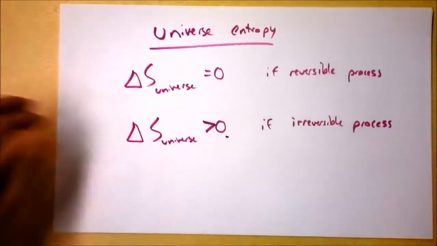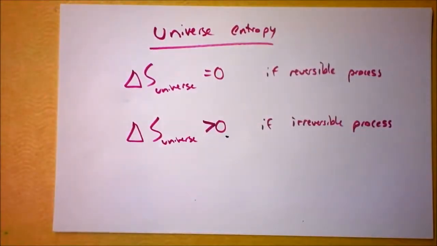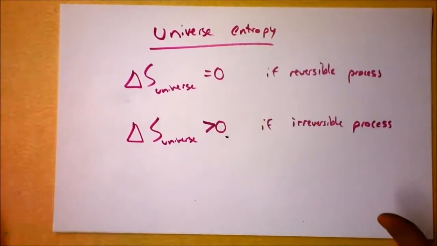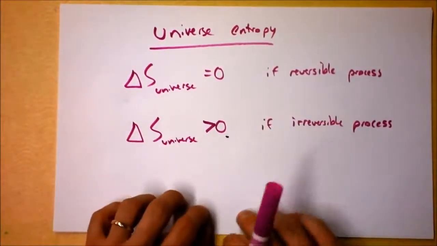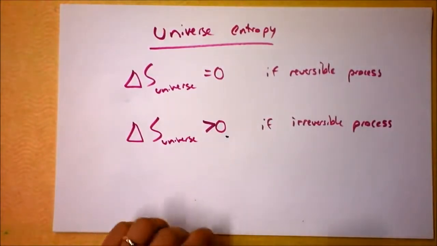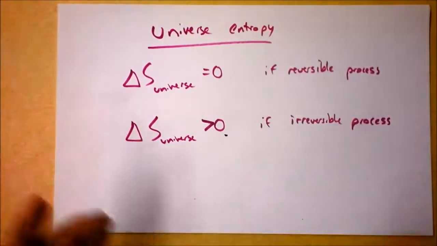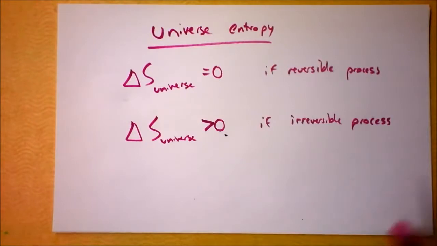And an irreversible process is one that you can't do the other way, and that is everything that happens, except an ideal engine. An ideal engine is a reversible process. You can play that sucker backwards and get that energy right back out.